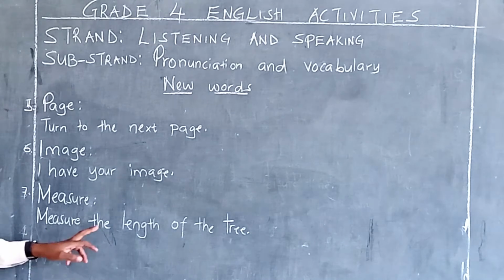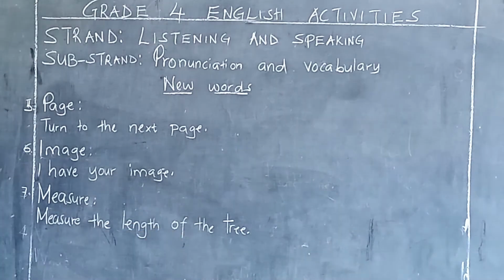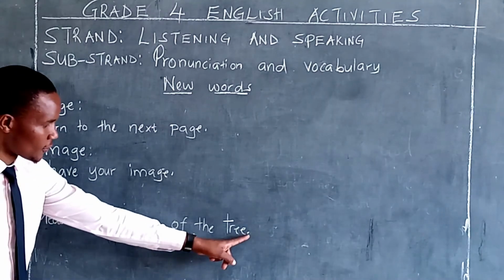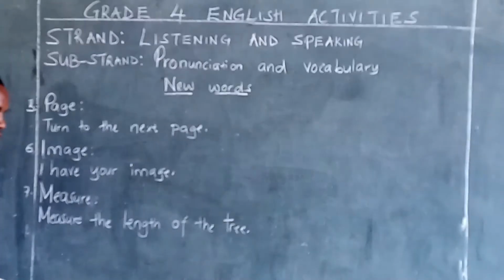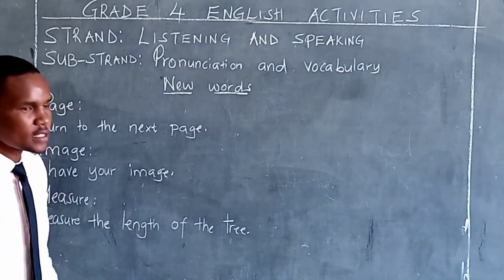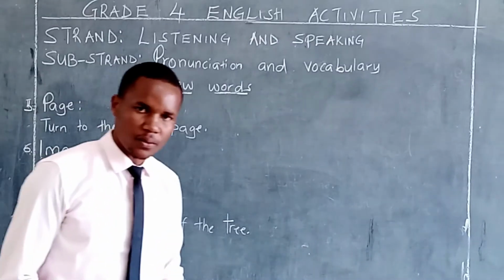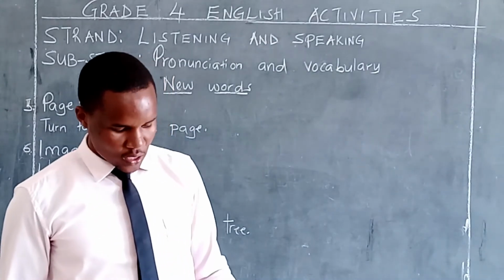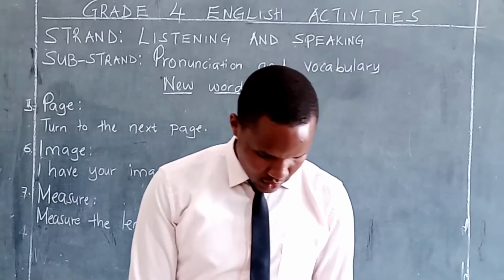Measure the length of the tree. So that is a sentence. Make sure this is a capital M, and this is a full stop at the end. Make sure we begin with a capital letter, and if that is a statement, you put a full stop at the end. So we can go to the next one.